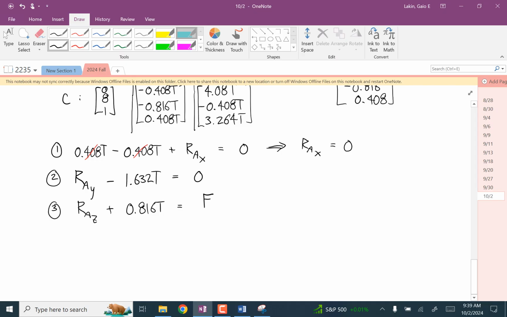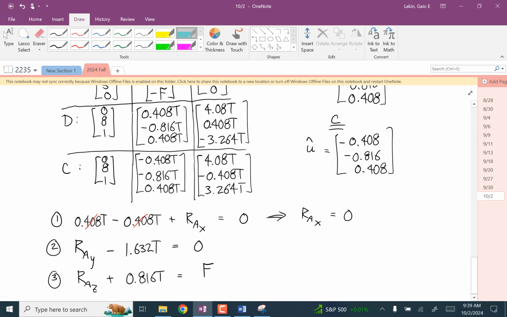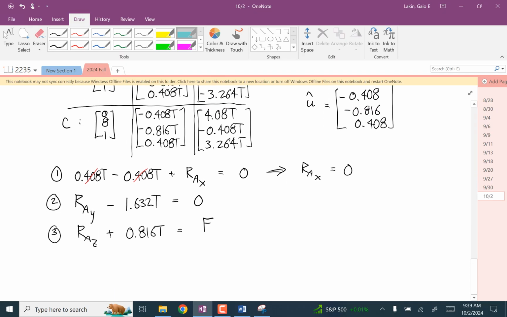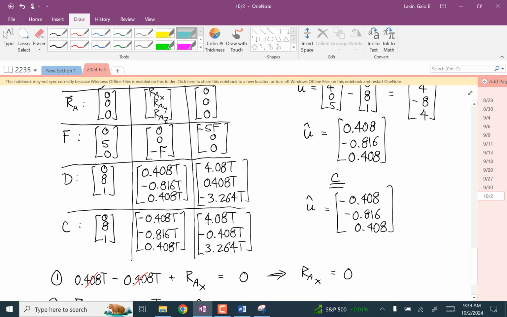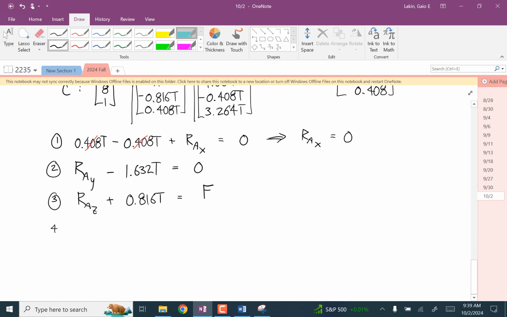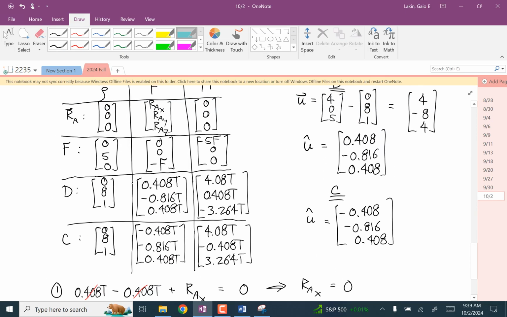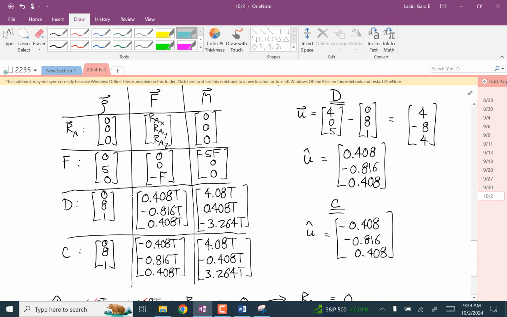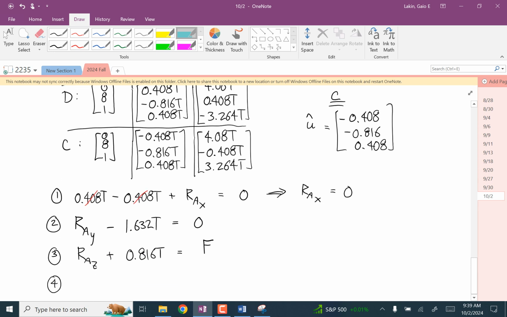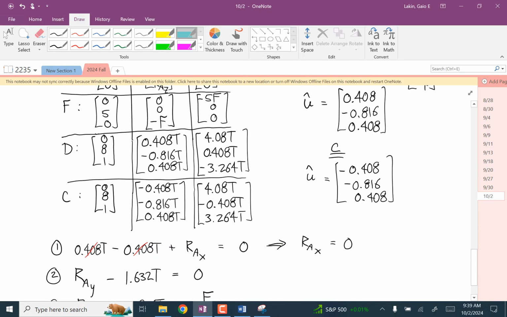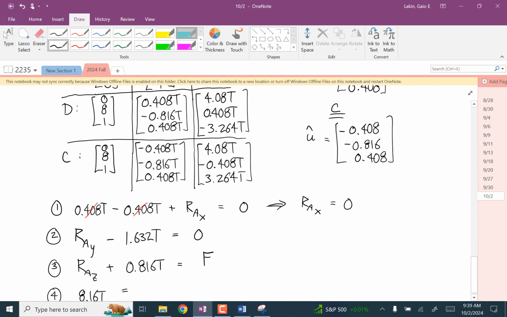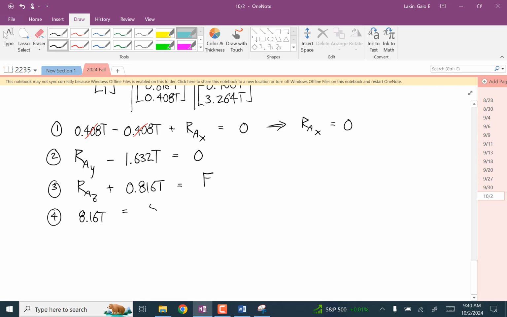That's the constant that drives this problem. And now for equation 4, we have 8.16t is equal to 5f.